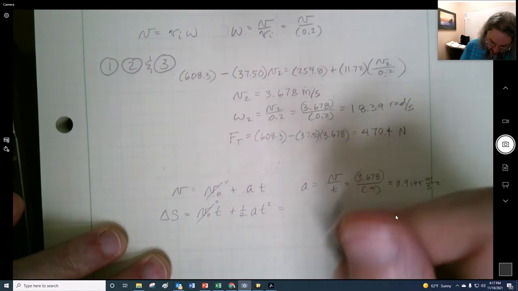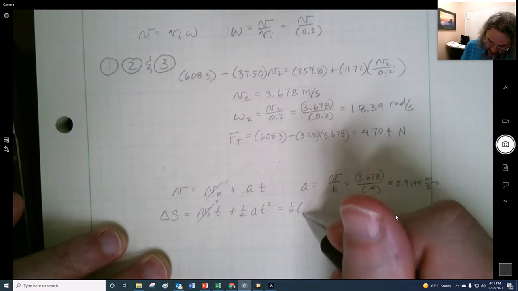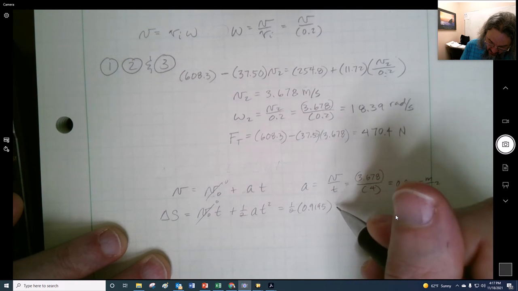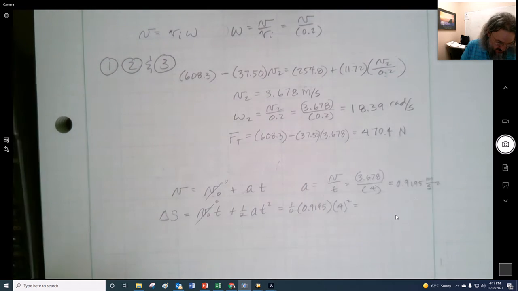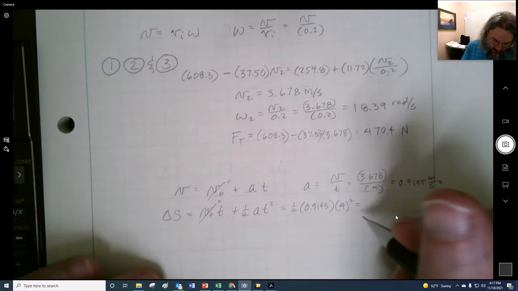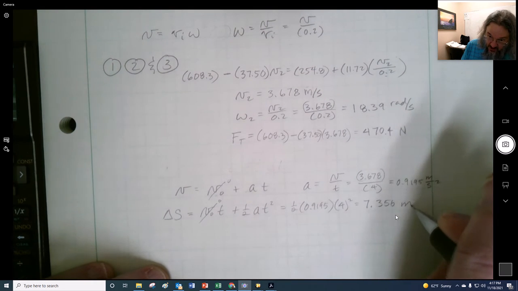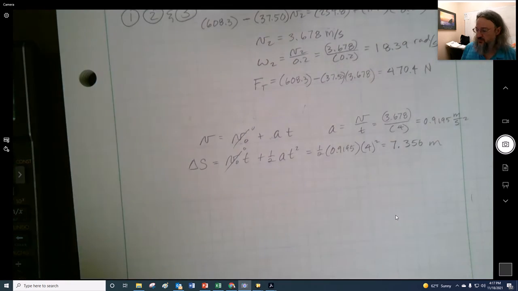But it starts out at 0, so all we need is 1/2 times 0.9195 times time squared, or 4 squared. So 16 times that divided by 2. And so it was going to go down by 7.356 meters, right?